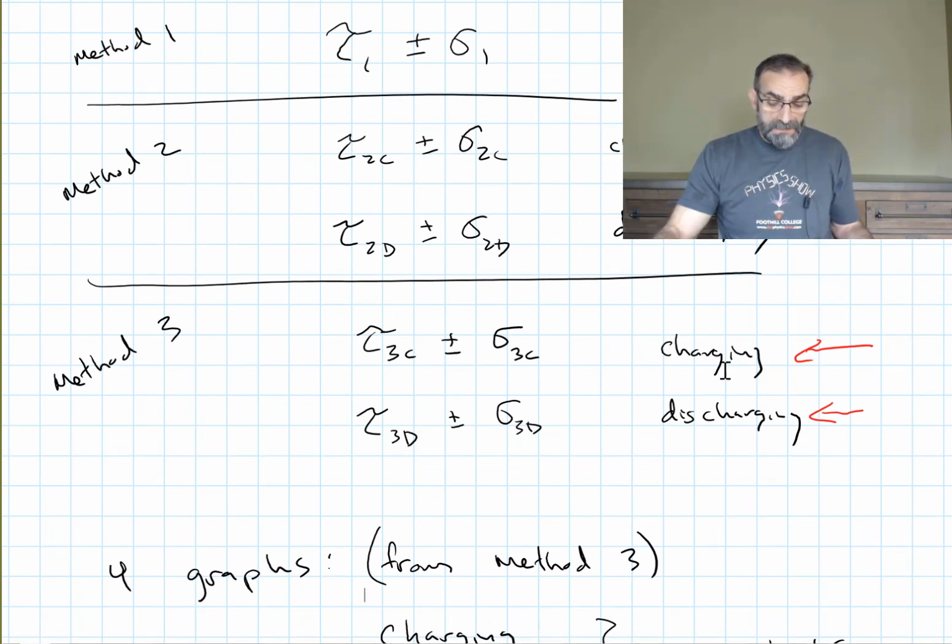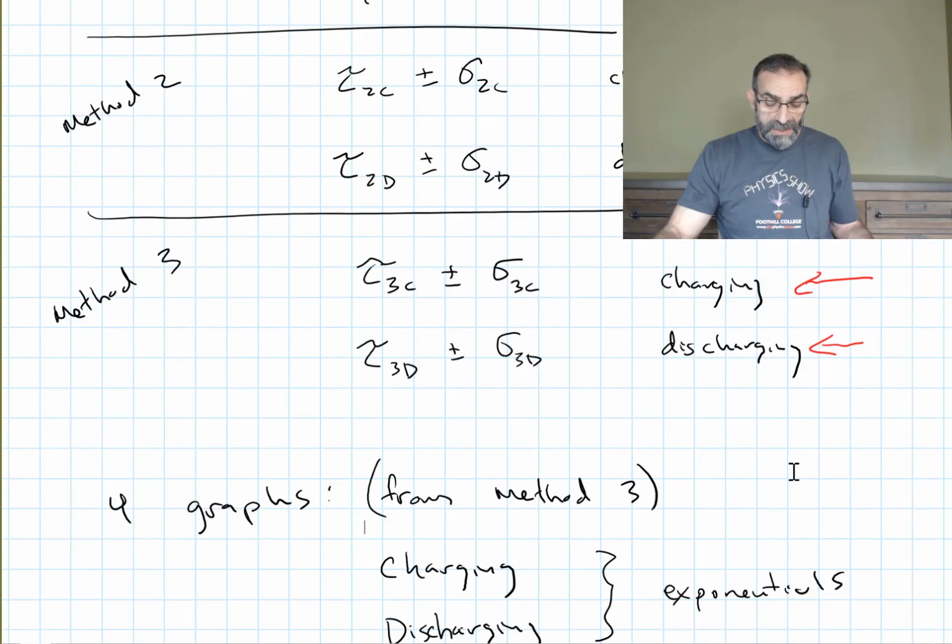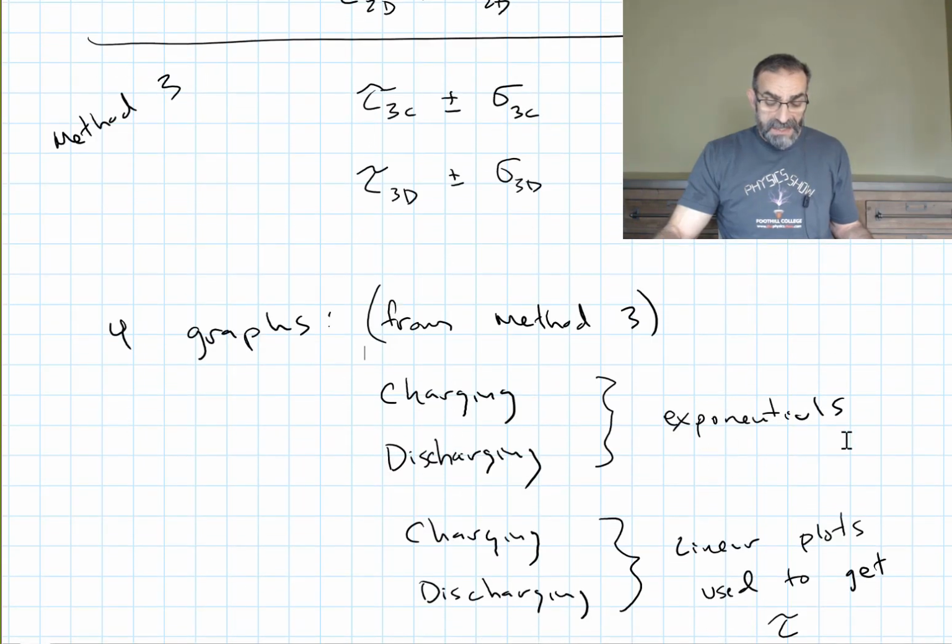And 2 of them involve graphing, and you're going to first do the graphs that just show that they follow exponential curves. And so that's just kind of a visual, but you're going to turn those in. And then you're going to do some math in Excel to convert those into linear things.